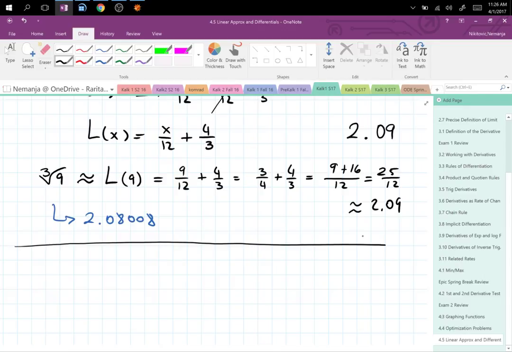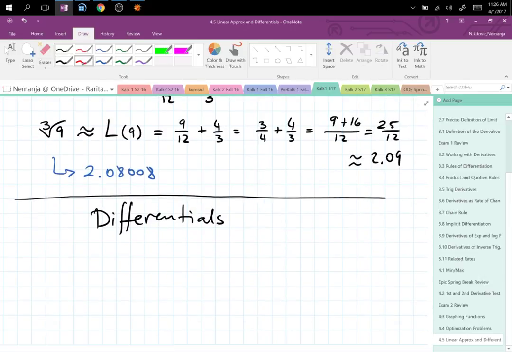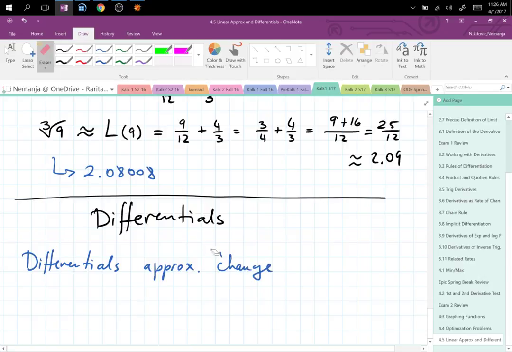Cool. The second part of the lecture is differentials. These guys approximate the change. So differentials approximate change, where linearization approximated values.